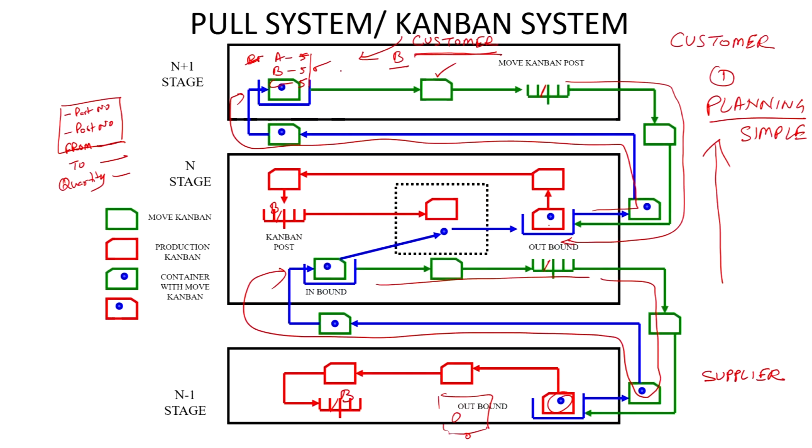For that purpose you need the forecast also, and in a way we can say this is a hybrid system. We are keeping certain inventory and other responses are coming through the process. So, most systems we can say are hybrid, where we are keeping a certain amount of inventory and then we are doing all our planning and inventory management with the help of a pull system, with the help of a Kanban system.